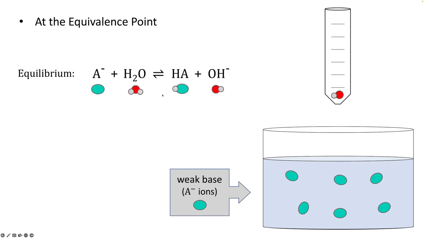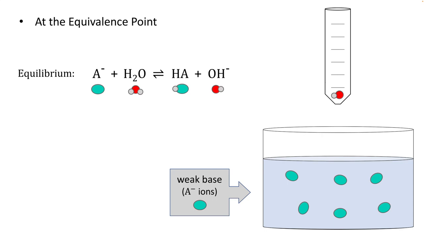It's basic because A- undergoes a reaction with water to a small extent to make HA and OH- ions. So the concentration of OH- ions is a little higher than in a neutral solution. The solution will be basic, with a pH above 7.